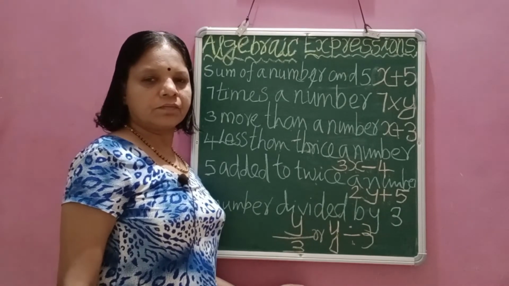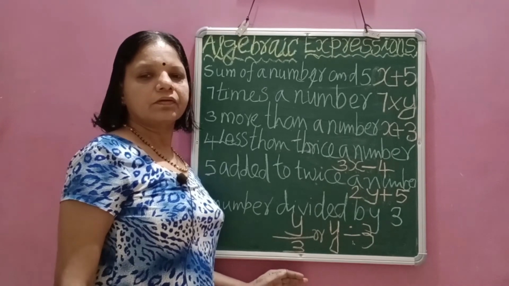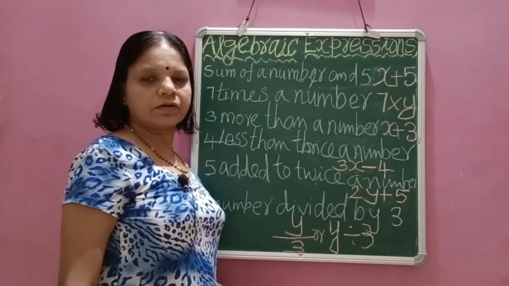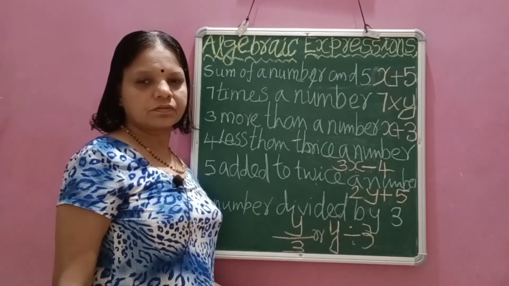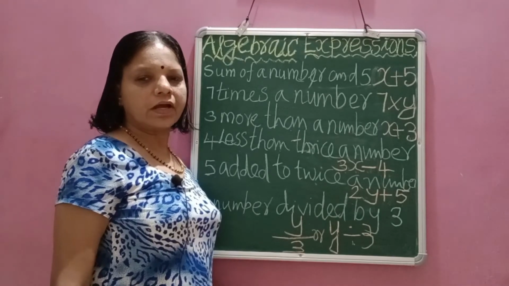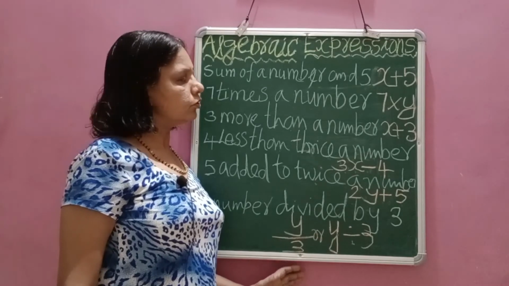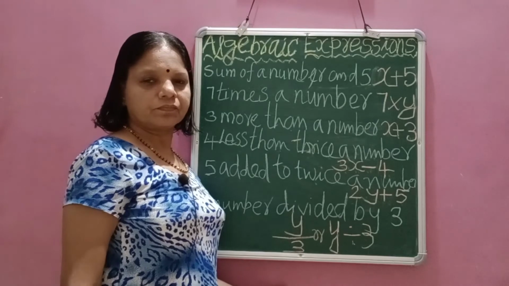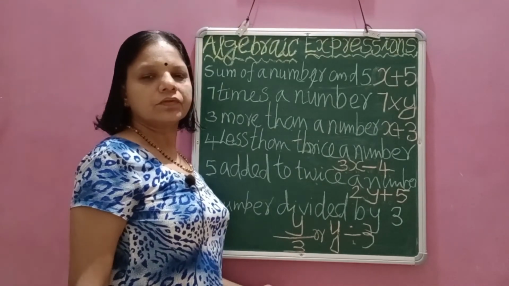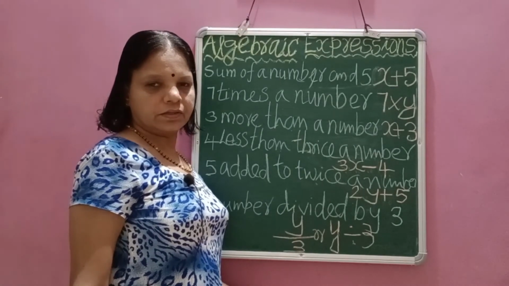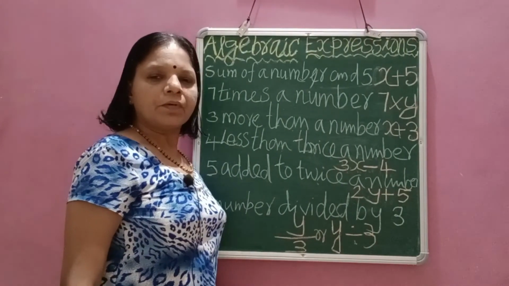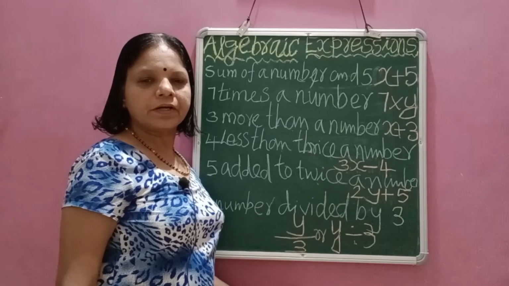An unknown number we represent using alphabets. It is called a variable. Variable means what? Its value is not fixed. It can be any value; we are not showing here which value it is. If the value is fixed, then it becomes a numerical expression. Clear? So that is all about algebraic expressions.